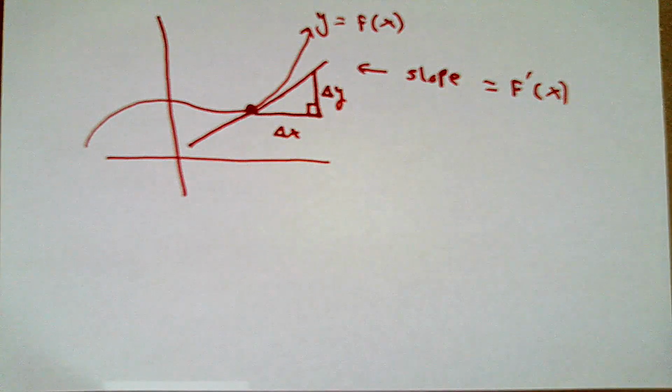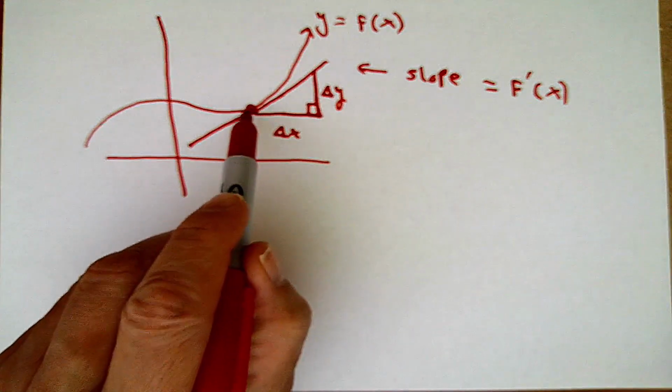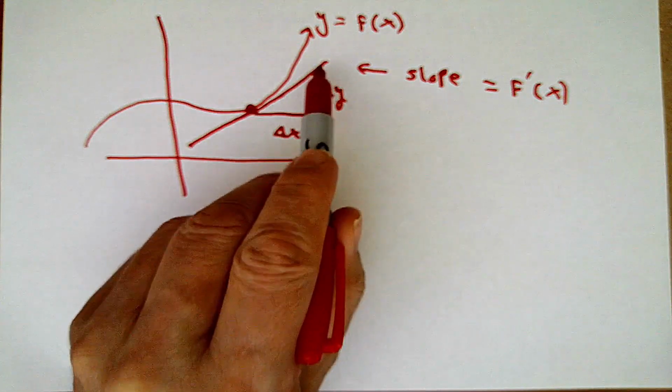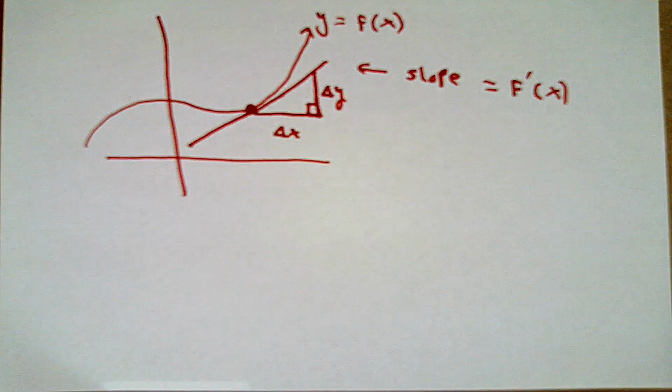F prime at x is the slope of this tangent line, which means literally if I take 2 points on the tangent line and I find out how much the x changes as opposed to how much the y changes on the tangent line, the delta y divided by delta x must be the derivative of f at the x value that we're talking about.